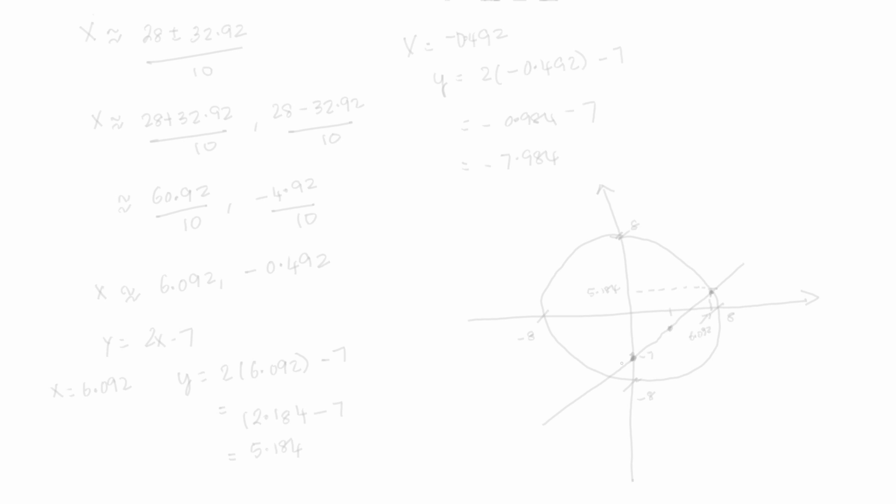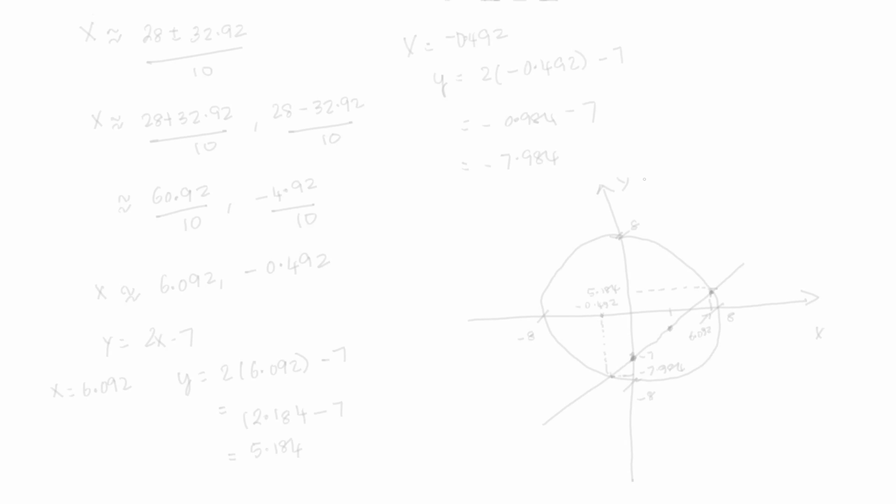In the second case, when I plug in minus 0.492, the corresponding value of y is minus 7.984. Keep in mind that the picture is not drawn to scale. If you use a calculator, you will get a clear picture.